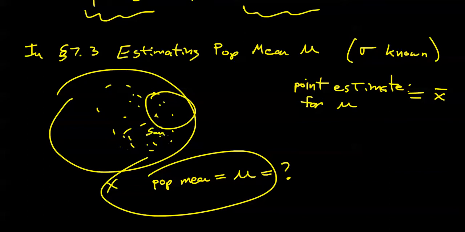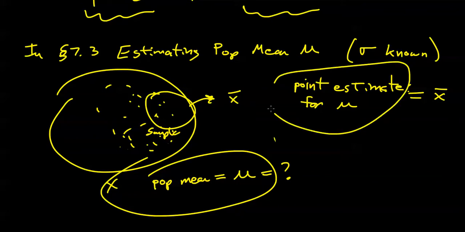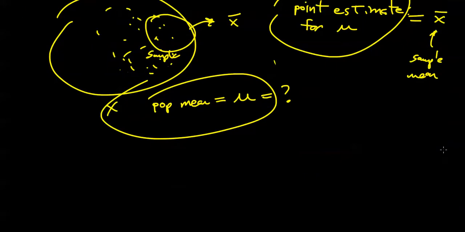So if we take a sample, every sample can have a mean computed. Well, the idea here is maybe point estimates are a good estimate of mu. Maybe x bar is not a good estimate of mu. So the idea is perhaps there is a better way. Let me label this. X bar is our sample mean. Alright, so better way perhaps.